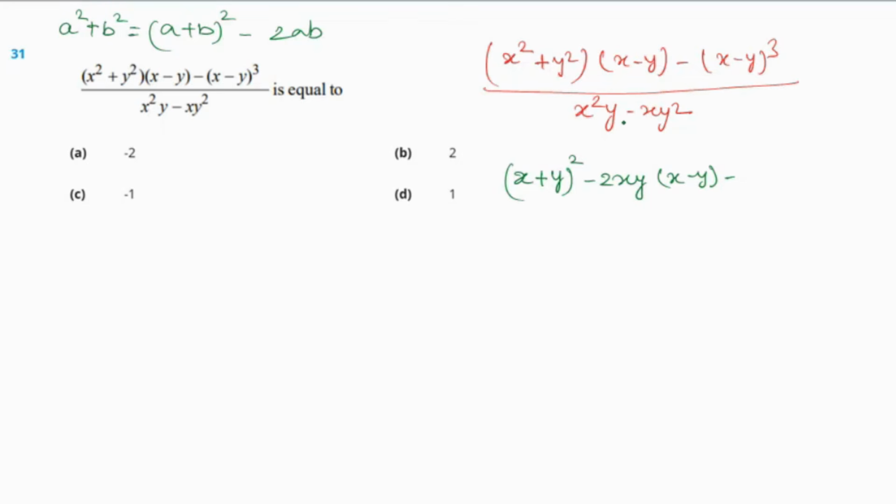And if we are going with the denominator, we can clearly see x square y minus xy square is given to us. We can just take the common from the denominators and reduce it.